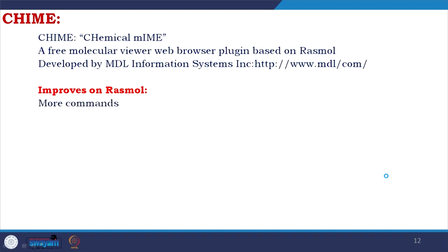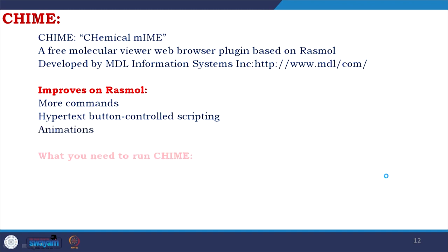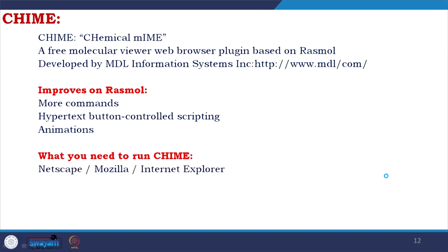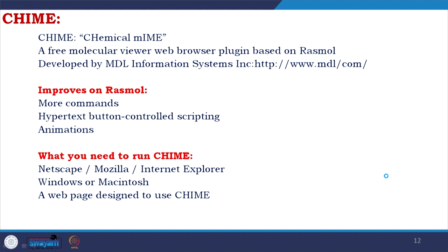It makes improvements on RasMol, having more commands meaning more functionality, hypertext button control scripting, animations, and for running Chime what you need is Netscape, Mozilla or Internet Explorer, Windows or Macintosh, a web page designed to use Chime and a PDB file.